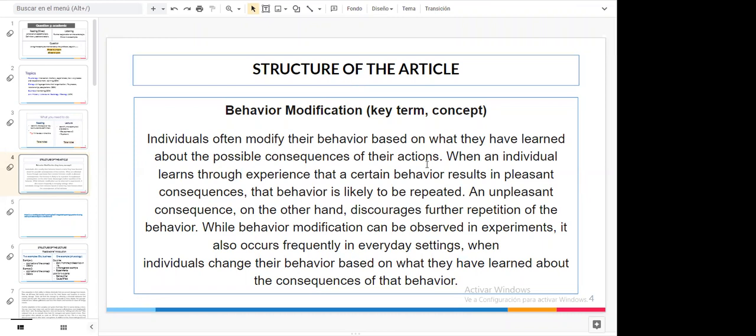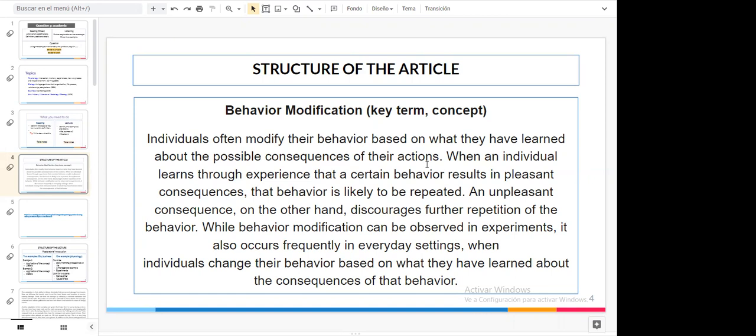Behavior modification. Individuals often modify their behavior based on what they have learned about the possible consequences of their actions. When an individual learns through experience that a certain behavior results in pleasant consequences, that behavior is likely to be repeated, and unpleasant consequence.